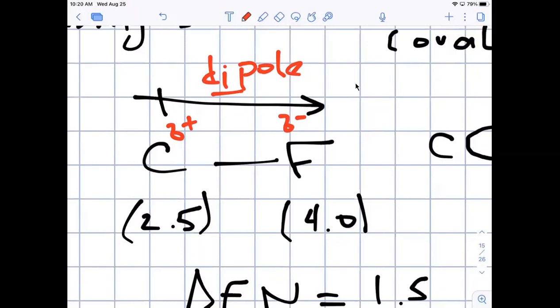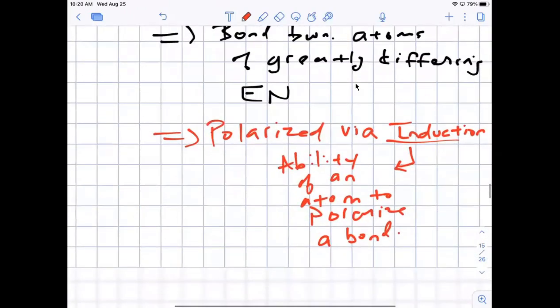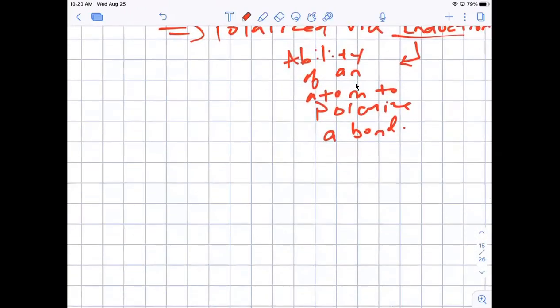So how do you tell if a bond is polar covalent? There's a way. Normally, if the difference in electronegativity is from 0 to 0.3, then it's nonpolar. And this changes depending on what book you use. Some books have a higher scale where the polar covalent range ends at a higher number.